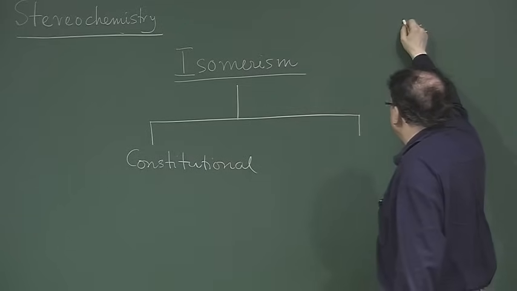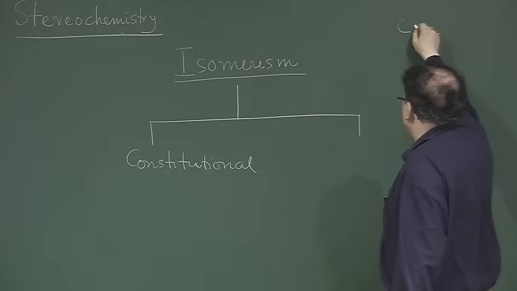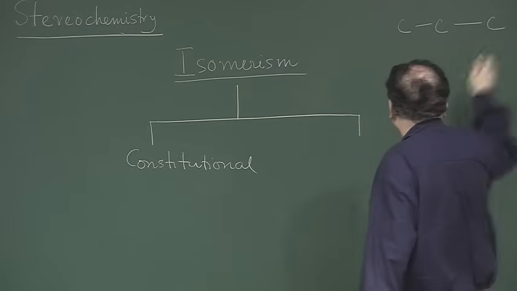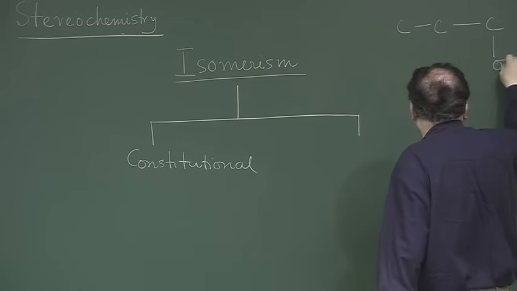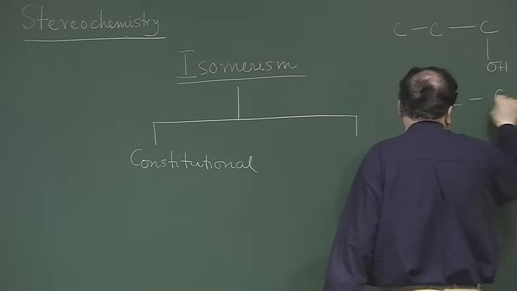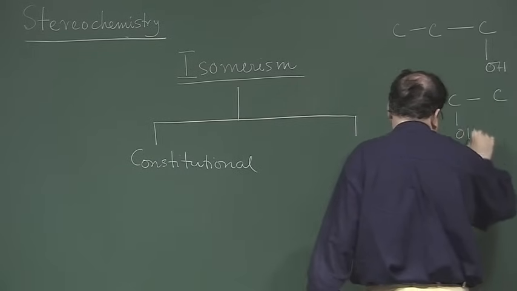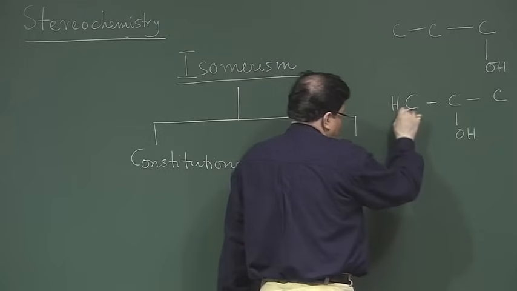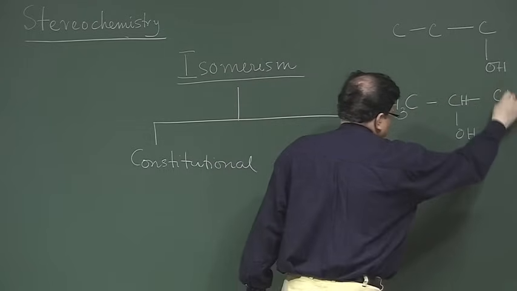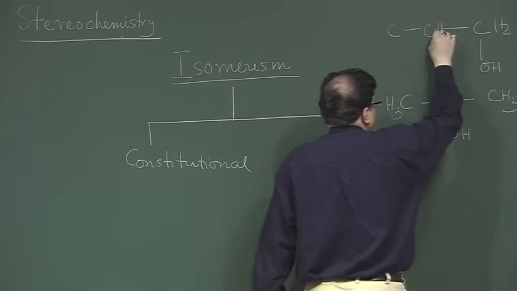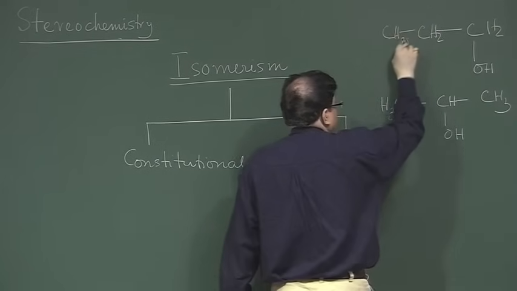That means, if I have a carbon C, another carbon, it's a 3 carbon system, and then if I have OH here versus again the 3 carbon system, if I have OH here, I am not putting the hydrogens. If you put the hydrogens now, methyl, this is hydrogen, this is methyl, and that is CH2, CH2 and CH3.